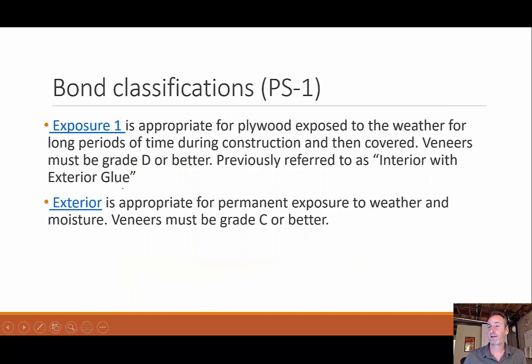And previously interior with exterior glue, which makes sense. It's not going to be used in an exterior application. However, the glue is strong enough to handle a little bit of exposure to the environment. Versus exterior would be used in more of a permanent outdoor application, exposed to the elements. And then I need a higher grade veneer, C or better.